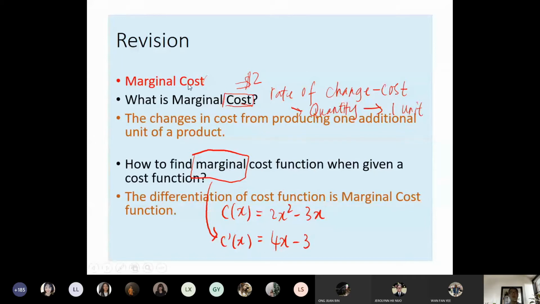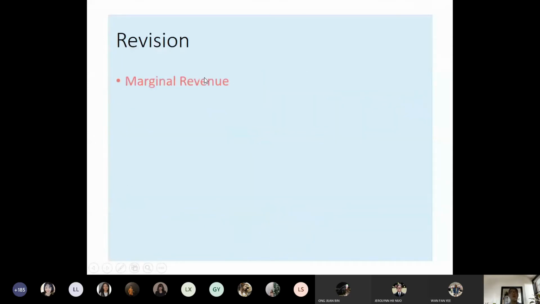Now this is about marginal cost. How about the marginal revenue? What is marginal revenue? The change in total revenue when one extra product is produced and sold.